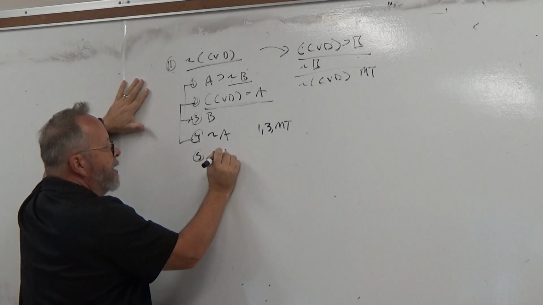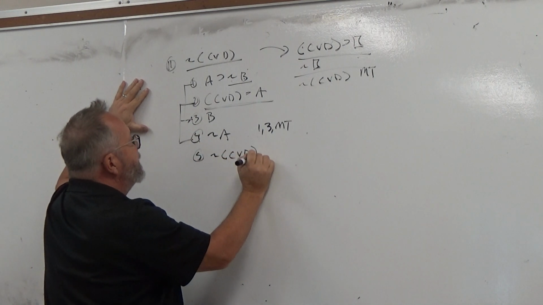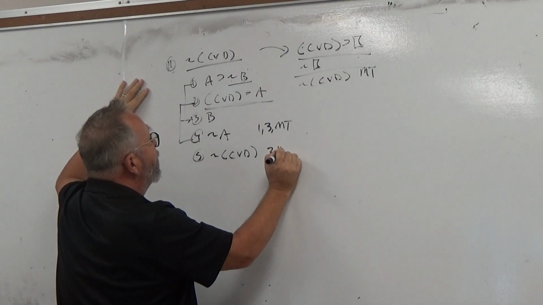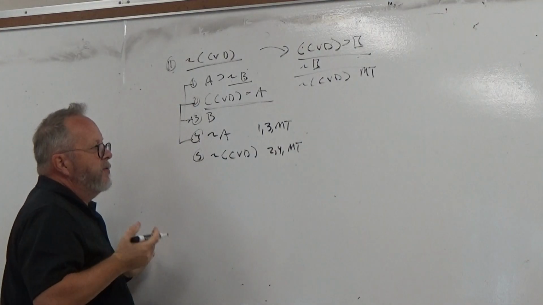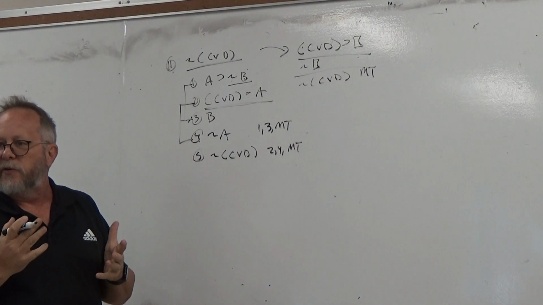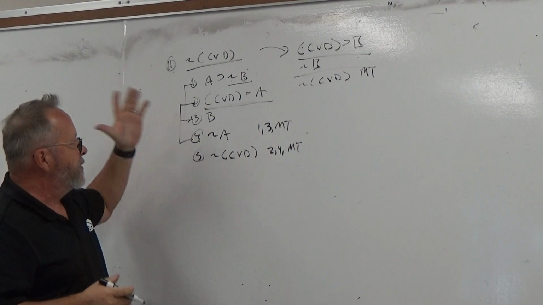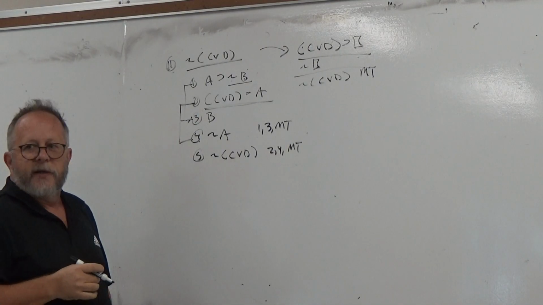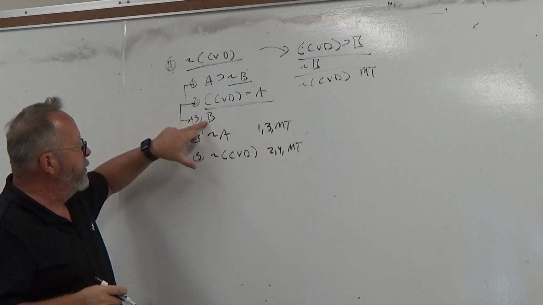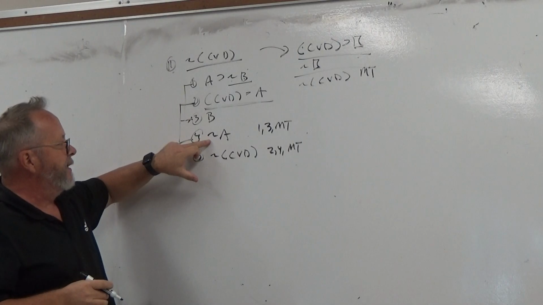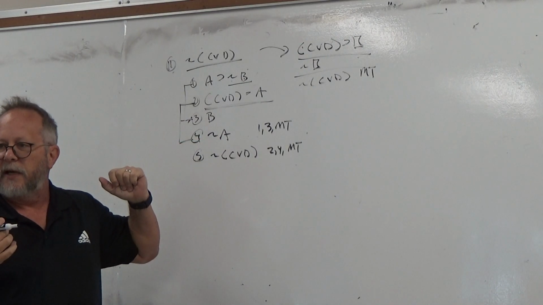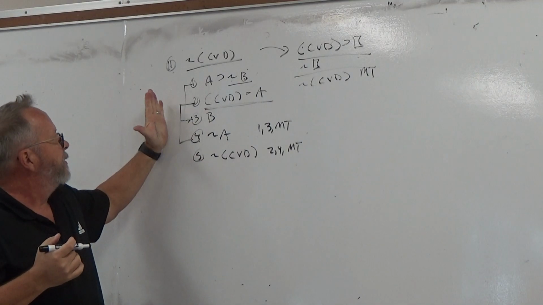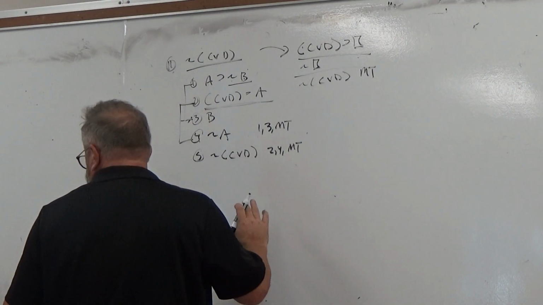So we get not C or D from 2 and 4, and this is modus tollens again. So yes, you can reuse rules. Does everybody understand that? And you can use a premise more than once. And once you've concluded something like this, you can use it to conclude other things. Everybody got this? So, simple.